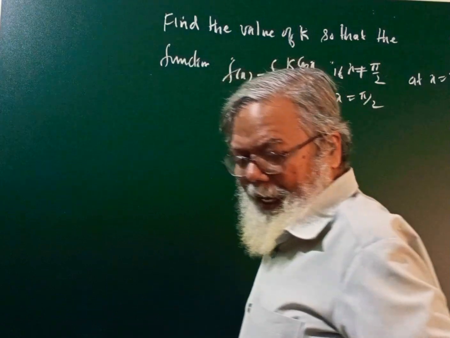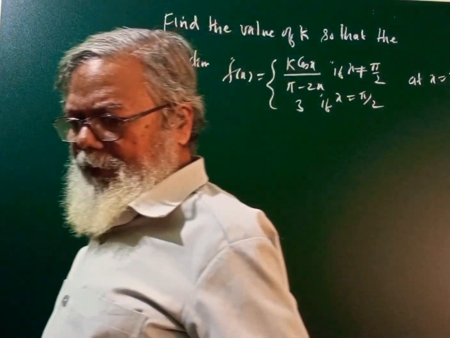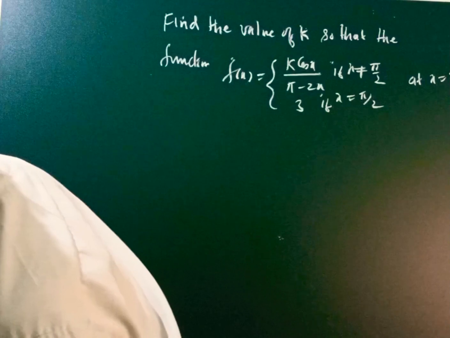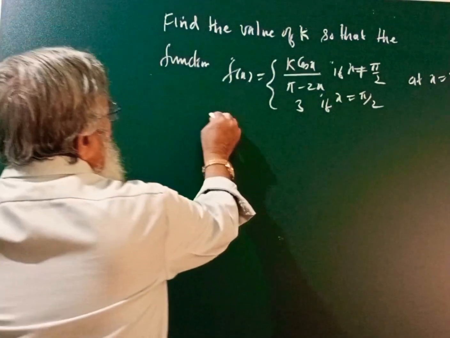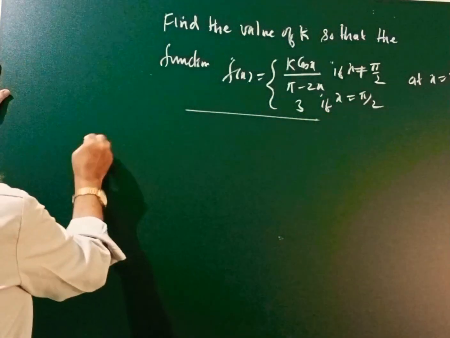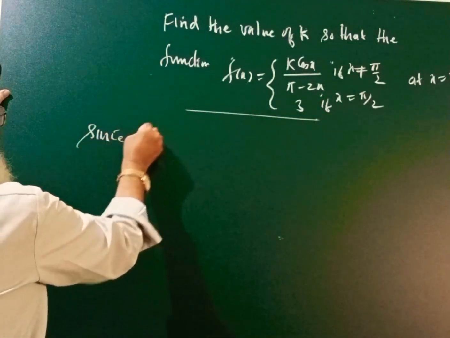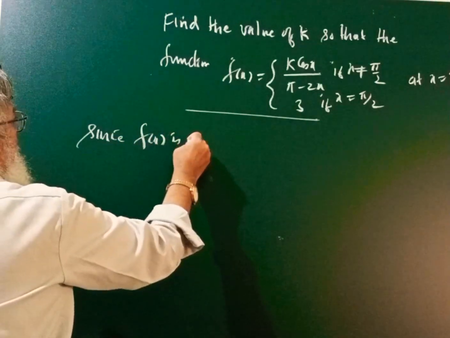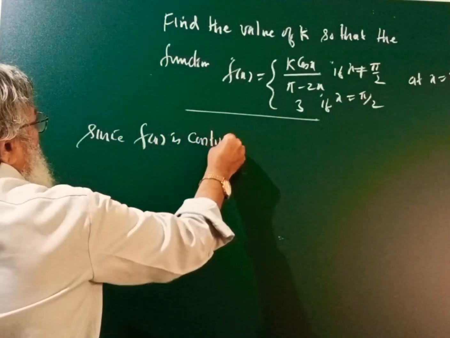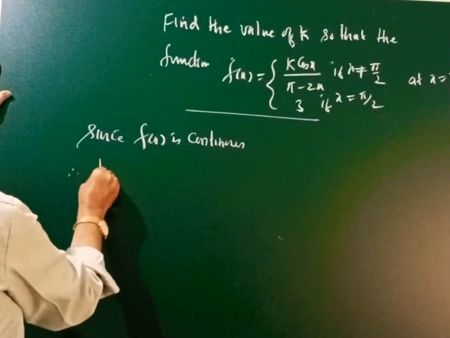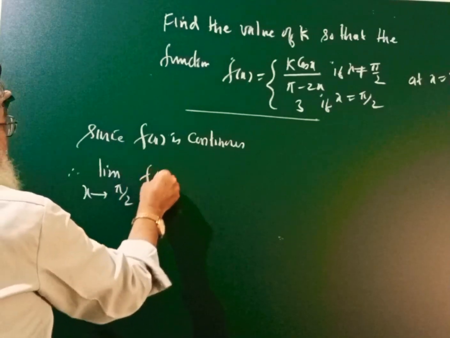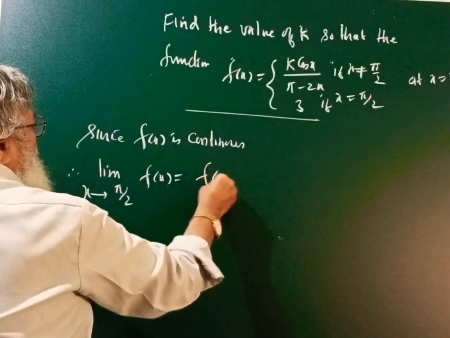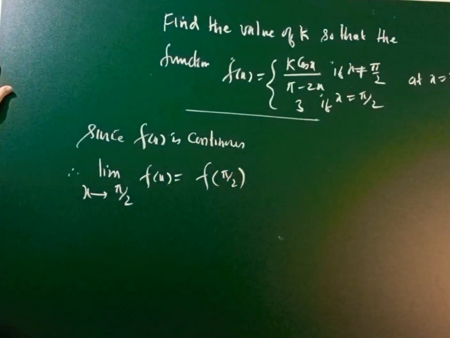So here it is already given that the function is continuous. Then if the function is continuous, we have to find out what the value of k can be. So we suppose, since f(x) is continuous, therefore we can write limit x tends to pi by 2 of f(x) is the same as f of pi by 2, by the definition of continuity.